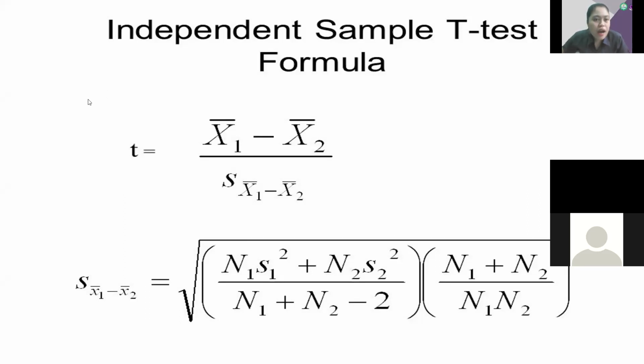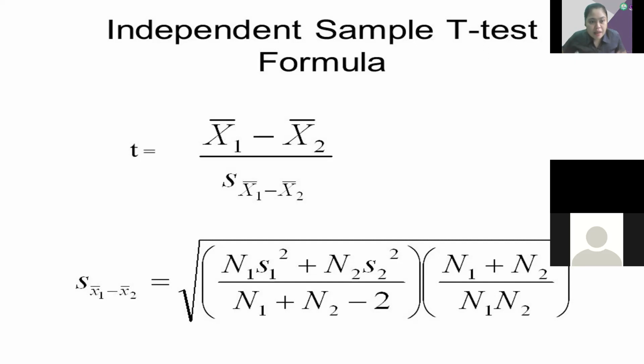So ito yung ating formula for t-test. T is equal to x1 minus x2 divided by s sub x1 minus x2. Pero kino-compute din natin si s sub x1 minus x2, and ang formula ay nasa baba.